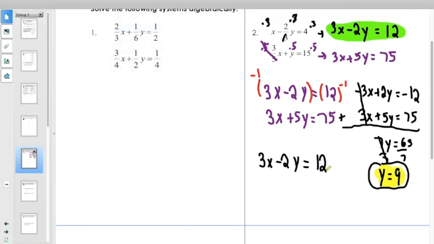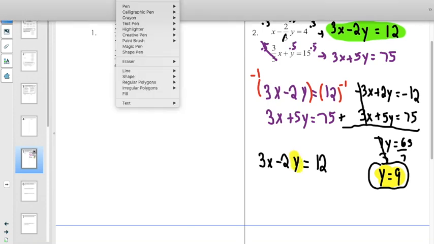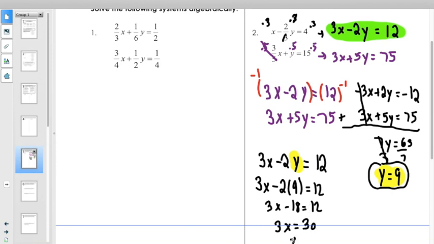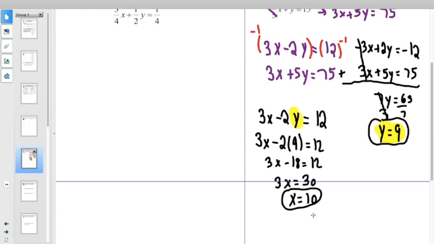So, when I do that, I'm going to get 3x minus 2 times 9 equals 12. And then I have to simplify. I'm trying to get x. 3x minus 18 equals 12. Add 18 to both sides. Well, 12 plus 18 is 30. And then getting x by itself, we should see that x is equal to 10. Okay? So x is 10, y is 9.